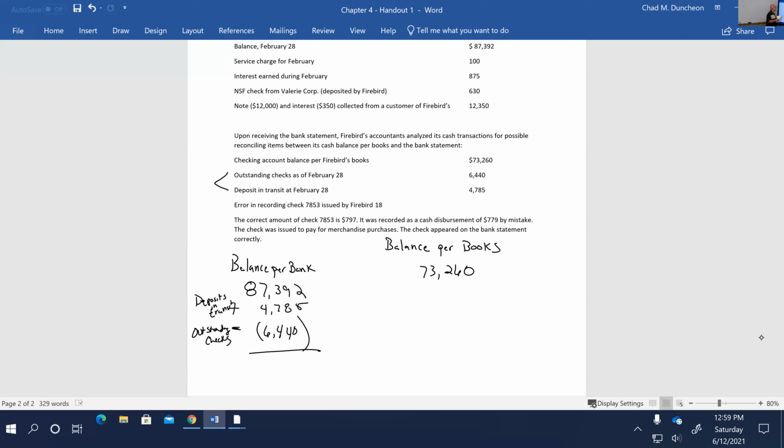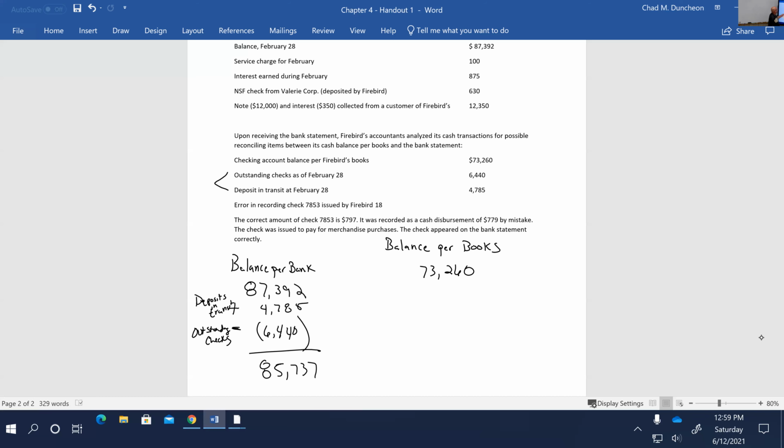It wasn't a bank error. So we need to adjust our books for that. Everything else, the bank already knew about. Those are the only adjustments we made, making our adjusted balance $85,737.